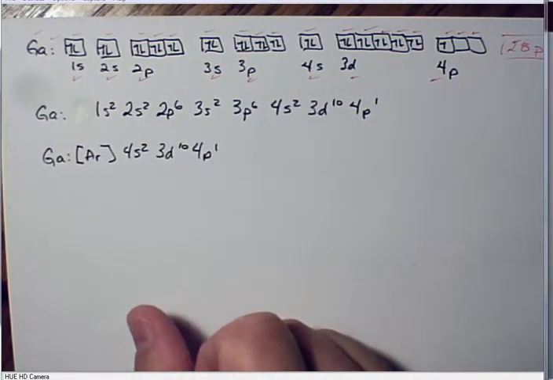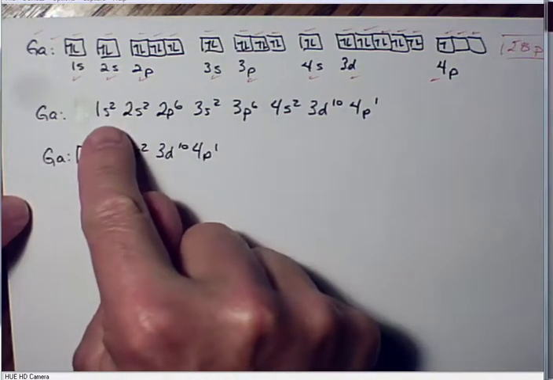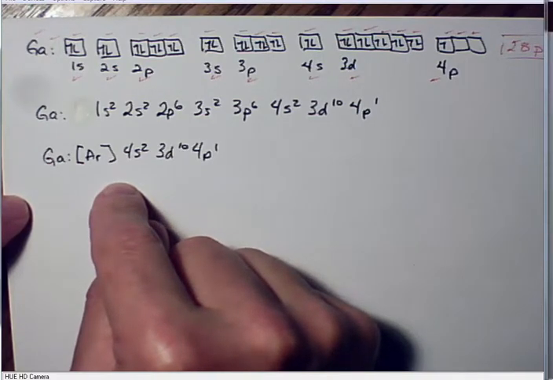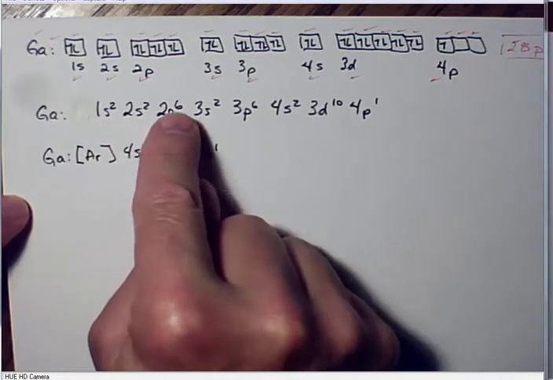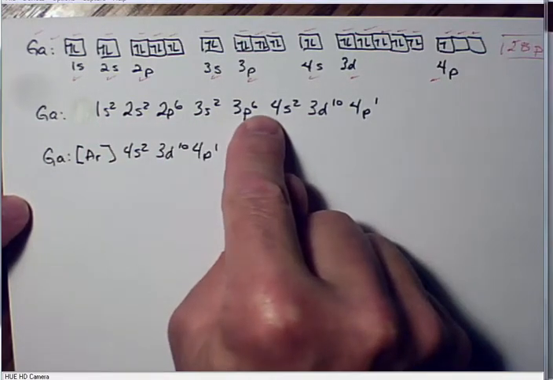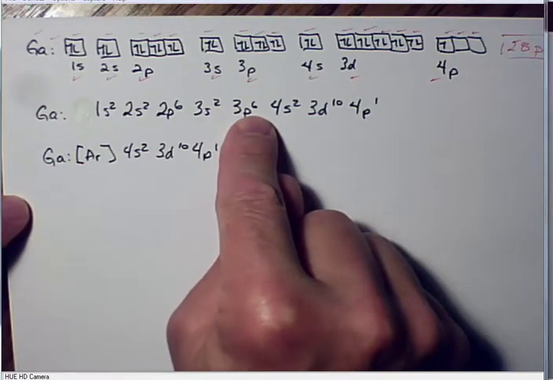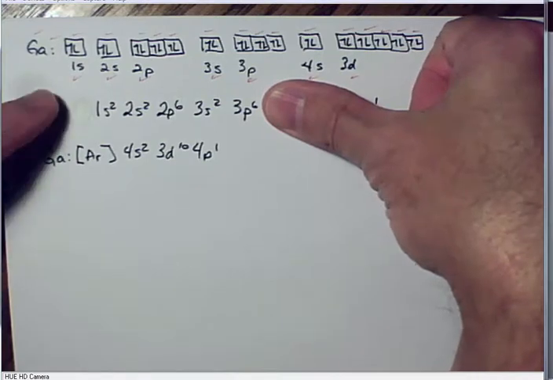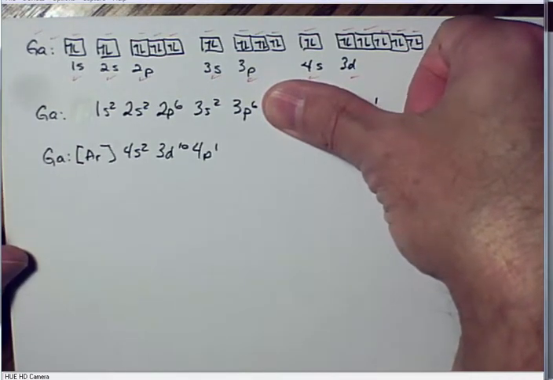Does that mean argon is number 18? Yes. If you add it up, 2, 4, 10, 12, and 6 is 18. That's the atomic number for argon, so that's one way to figure it out.